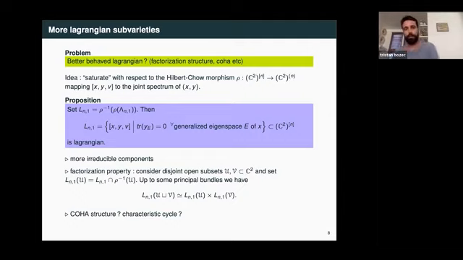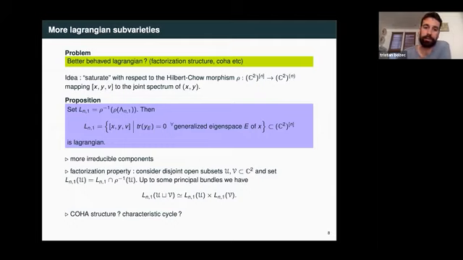So again, this appears to be something new that we haven't found in the literature before. It actually has more irreducible components than the previous one. So in a way, some orbits are made larger, and this time the irreducible components will be indexed by unordered tuples of partitions, okay?